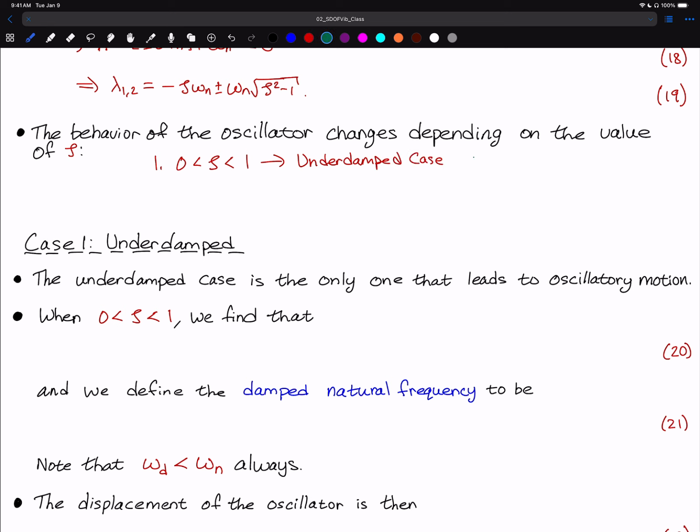This case will lead to periodic oscillations that decay in amplitude. Case 2 is when zeta is equal to 1, and this is considered to be critically damped.